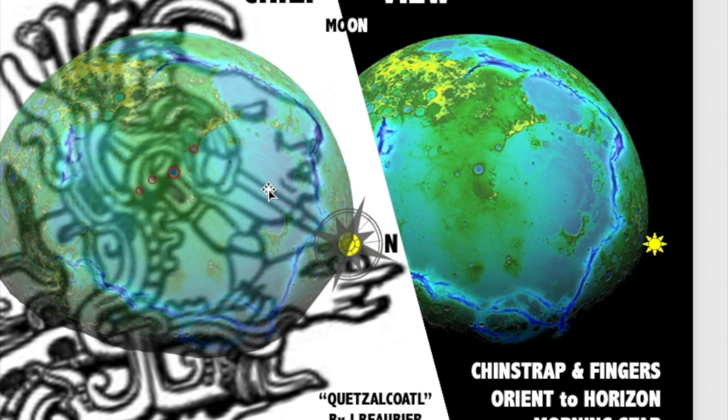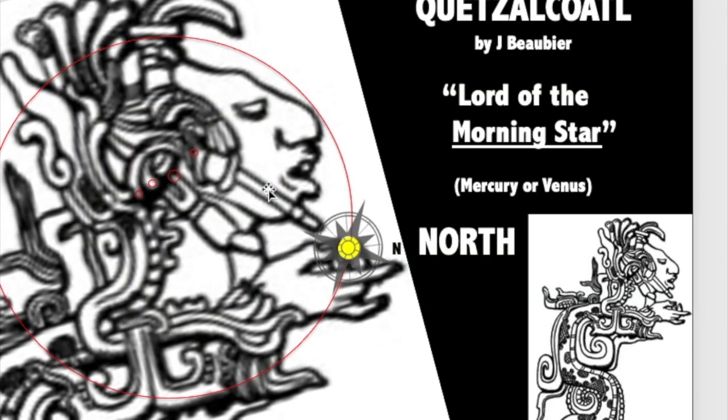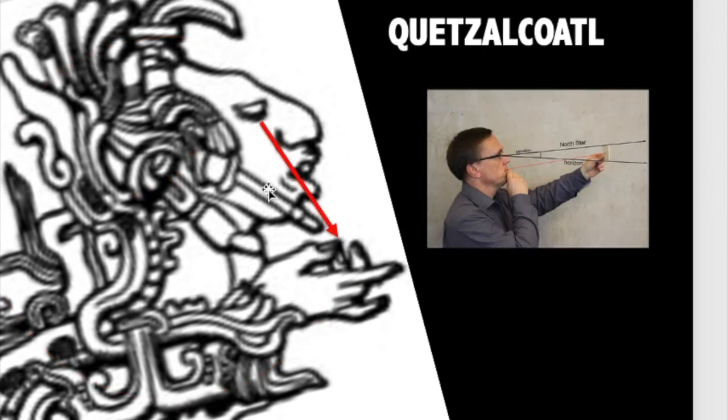And the thing about Quetzalcoatl is, he was known as the Lord of the Morning Star, which is usually Venus, but can also be Mercury. And it was used for navigation. That was the main function, navigation. And this finger gesture that he's doing is actually an old gesture that people used to use to navigate.